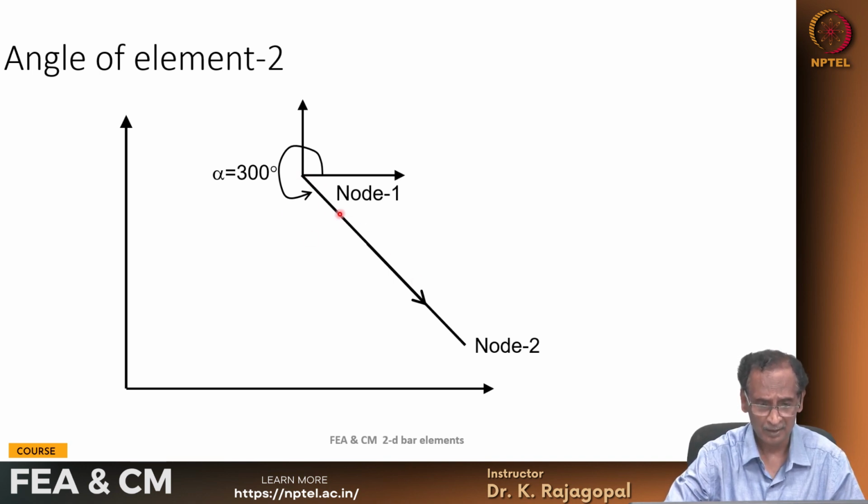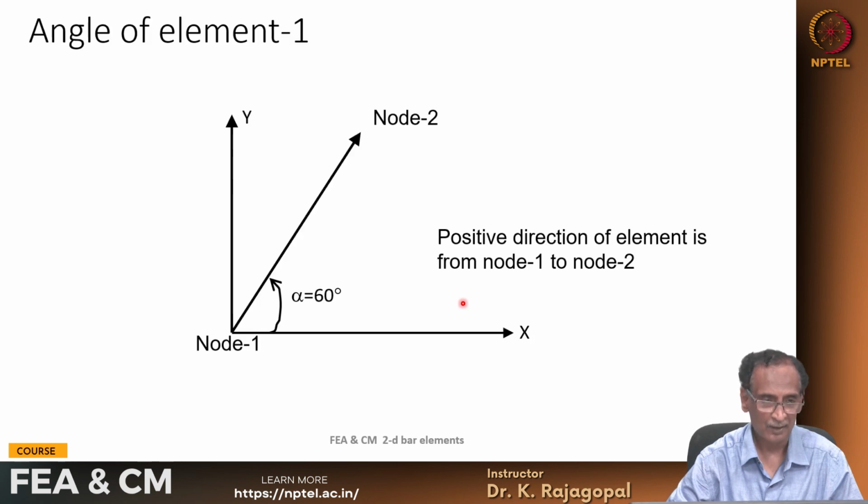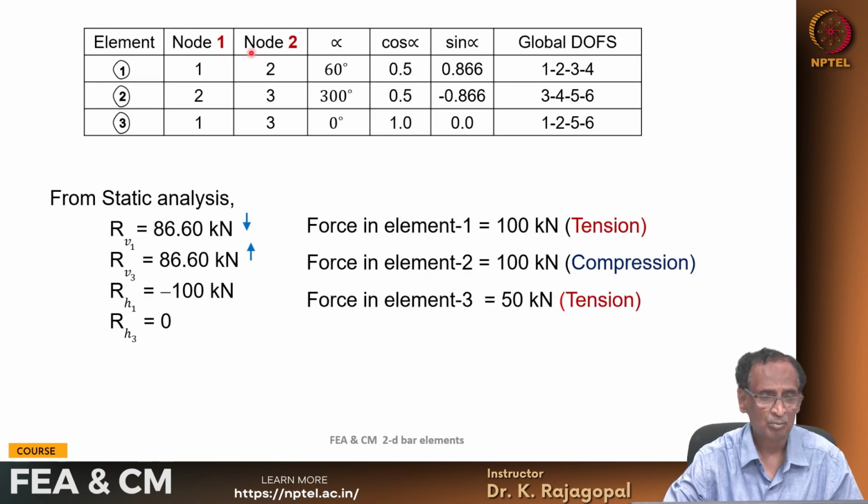The positive direction of the element is from node 1 to node 2. So, this is your alpha. Or we could define node 1 and node 2 there. If you define it like this, your alpha is only 120 degrees. So, we should have a systematic system.